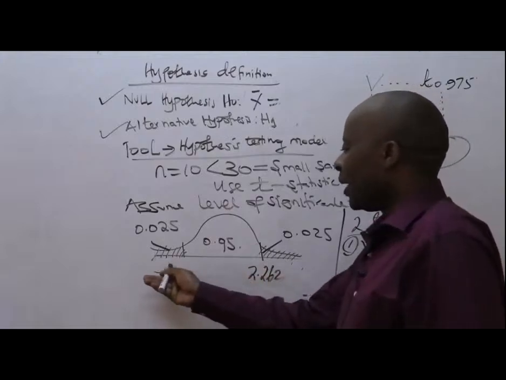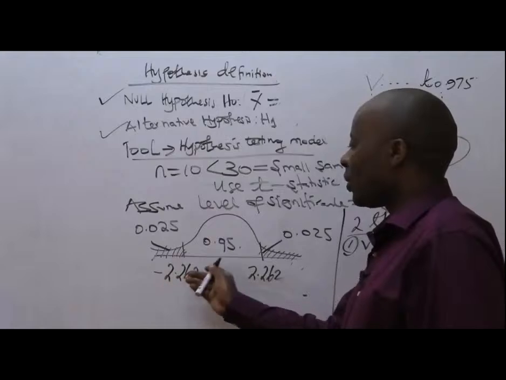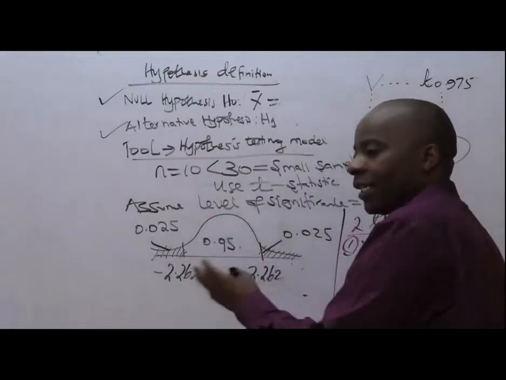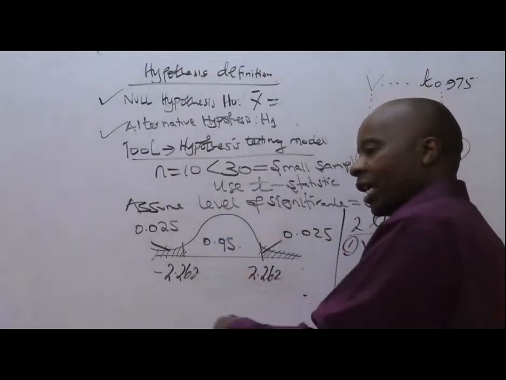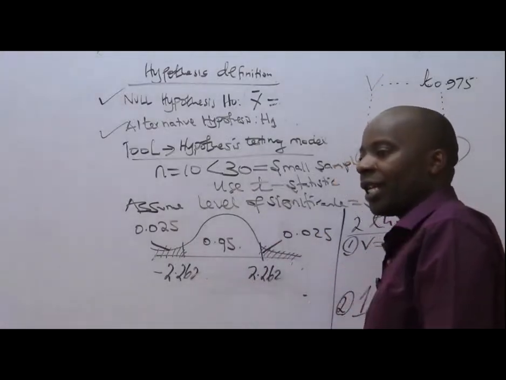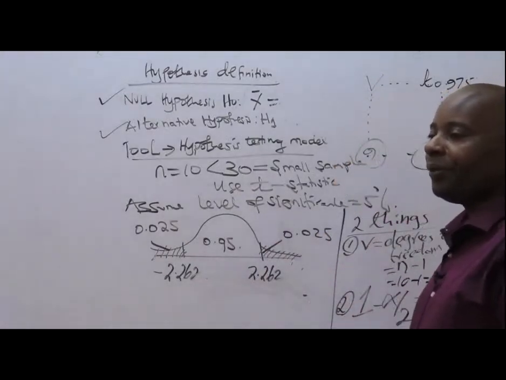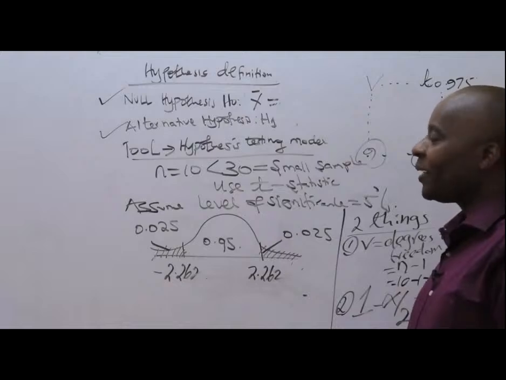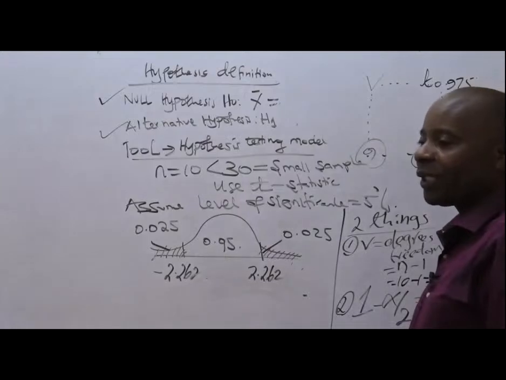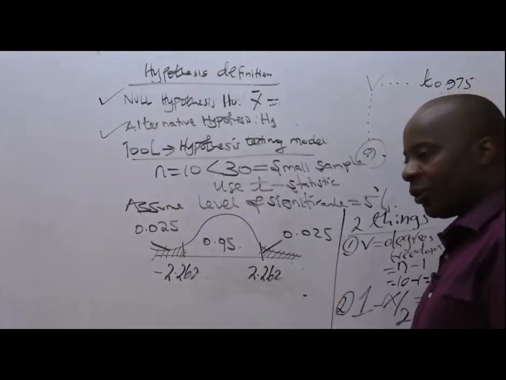Then this will be minus 2.262, minus because it is on the other side. Ladies and gentlemen, for hypothesis testing, we've been able to put down the tool. This is very important for me.